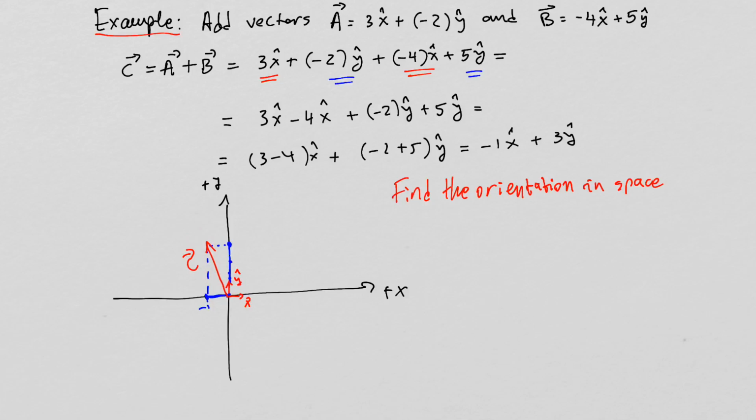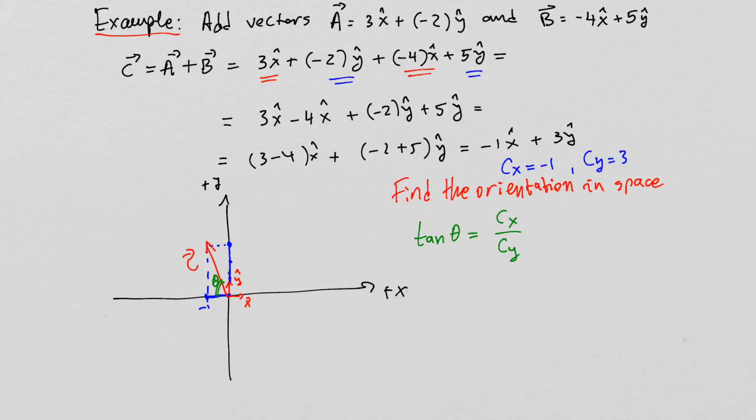So from the trigonometry that I discussed earlier, you will remember that I can calculate a tangent of this angle theta right here. And the tangent of theta will be equal to Cx over Cy. So the adjacent to the hypotenuse. So I need to also mention that Cx here is minus 1 and Cy is 3.